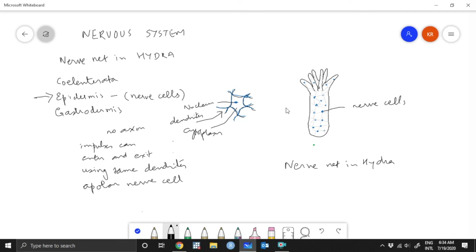However, in the case of Hydra, if Hydra is stimulated, the entire body responds, unlike a reflex action.